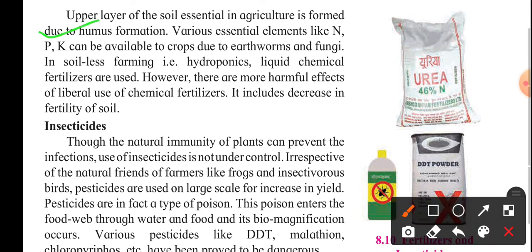Various essential elements like nitrogen, phosphorus, and potassium become available to crops due to earthworms and fungi. In soil-less farming, that is hydroponics, liquid chemical fertilizers are used. However, there are harmful effects of liberal use of chemical fertilizers. It includes a decrease in the fertility of the soil, because if chemicals are used, that reduces the fertility of the soil over a long period.